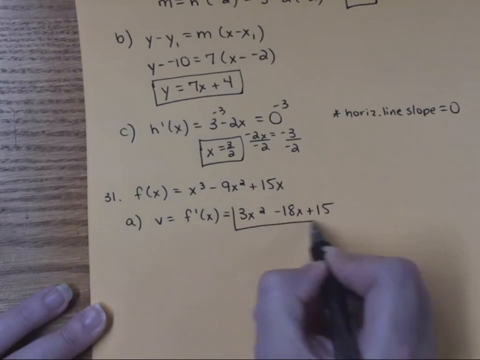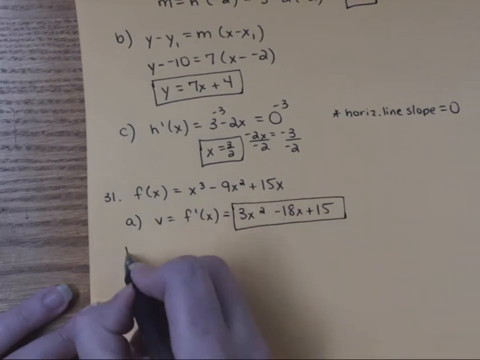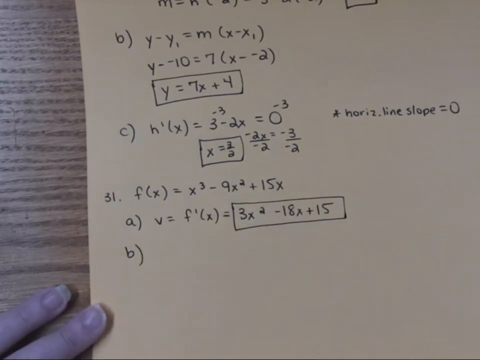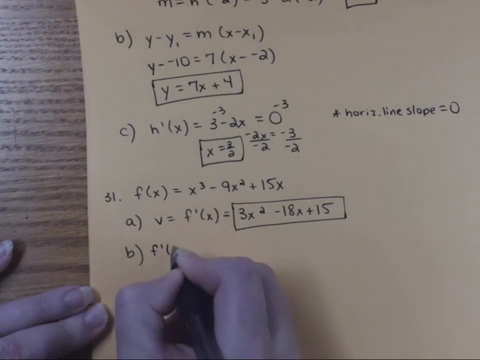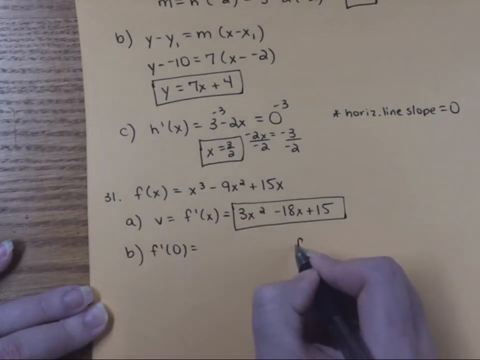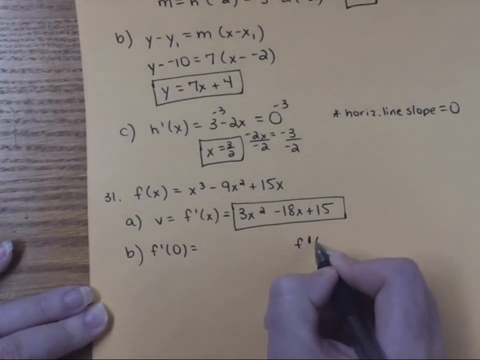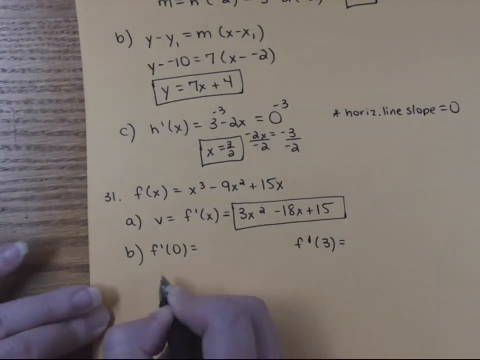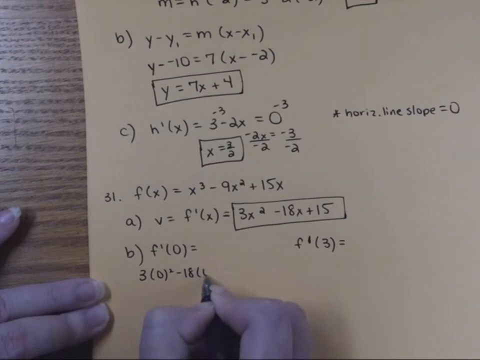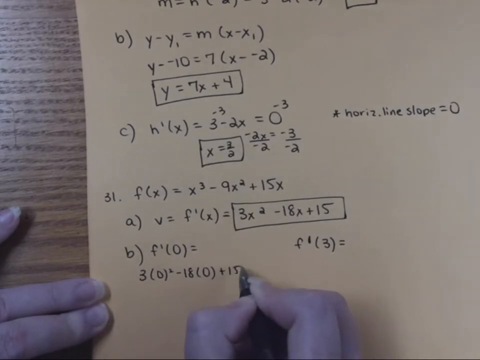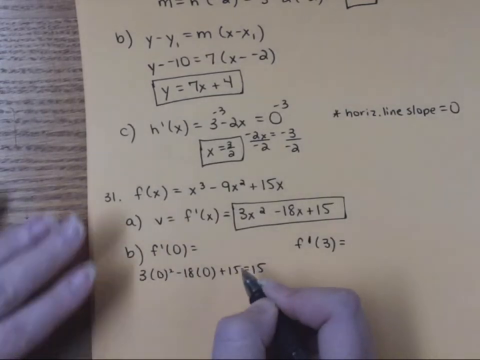So that's it for part A. I told you to find the derivative, and we did. B says find the velocity when x is 0 and x is 3. So we just need to find f prime of 0 and also f prime of 3. So just plug it in. 3 times 0 squared minus 18 times 0 plus 15 just equals 15.